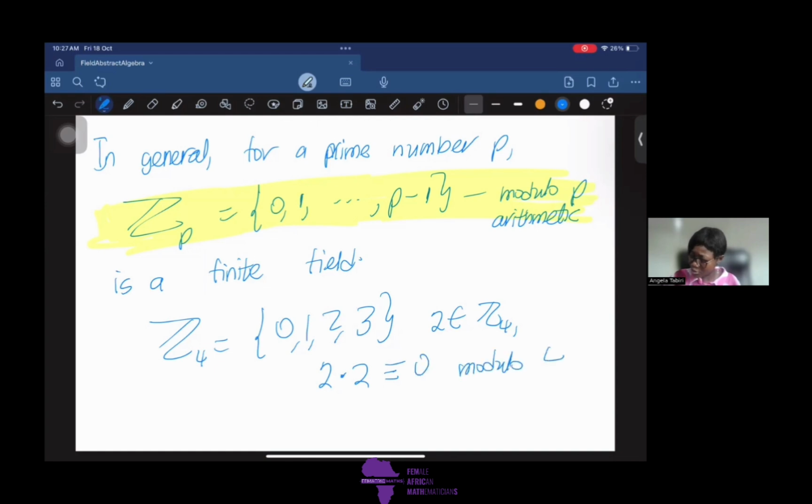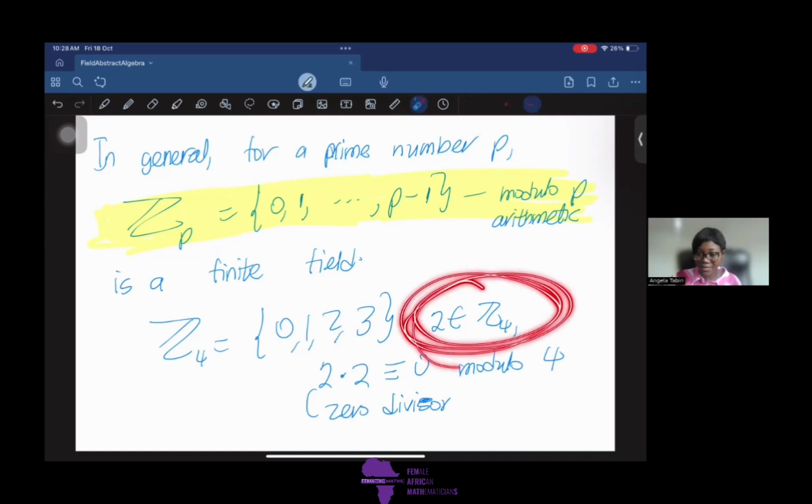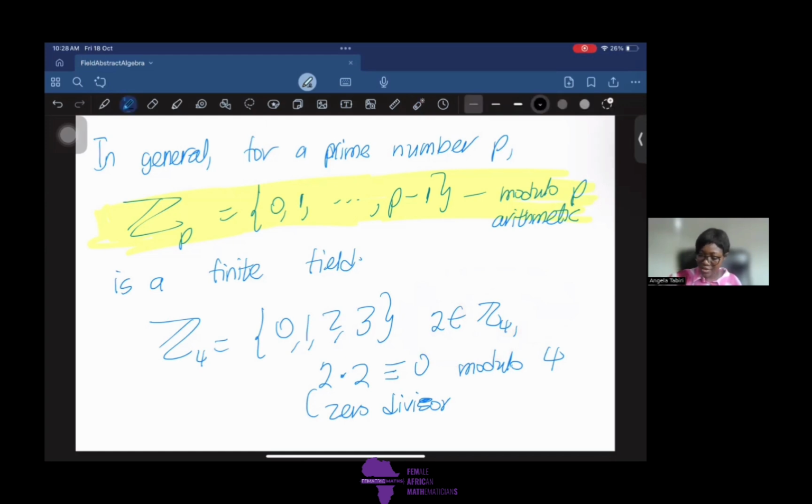So even though 2 is non-zero as an element here, its product is giving you 0, which will not make the set behave nicely. So we call this a zero divisor. So it wouldn't satisfy the axioms for a field. One of the things that won't be satisfied is that some elements will not have multiplicative inverses. Okay, so this is a non-example of a field. So here we say that Z_4 is not a field.